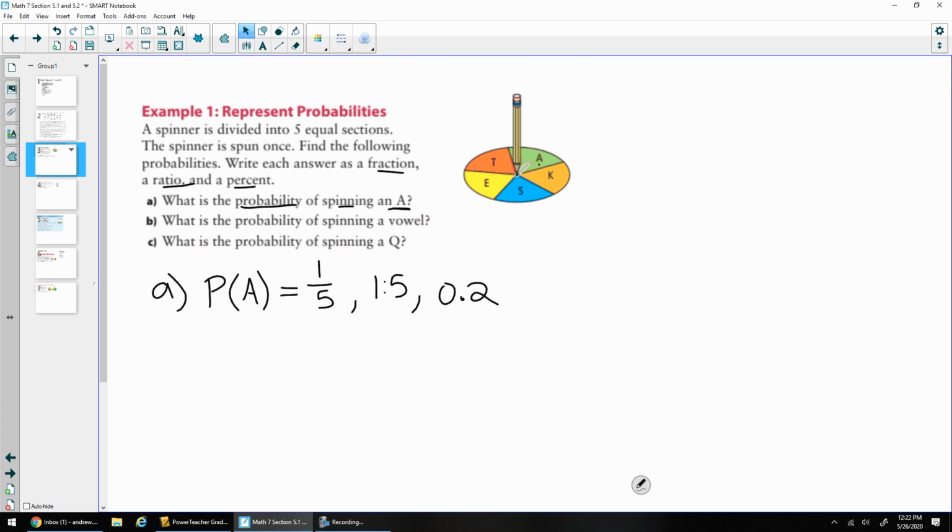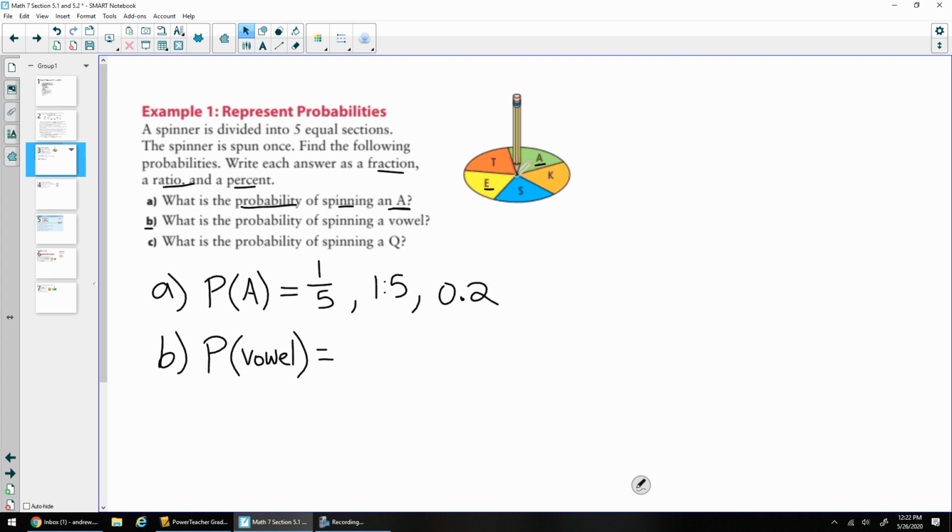Okay? So B, what is the probability of spinning a vowel? Okay, so this is the sort of notation that we're using. Big P for probability. Then in brackets, you have what your favorable outcome is, what you're looking for. What's the probability of getting a vowel? Well, the A and the E are the only 2 vowels.